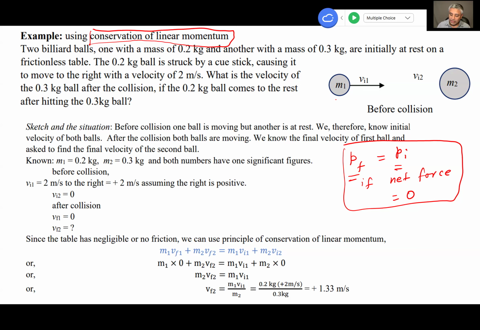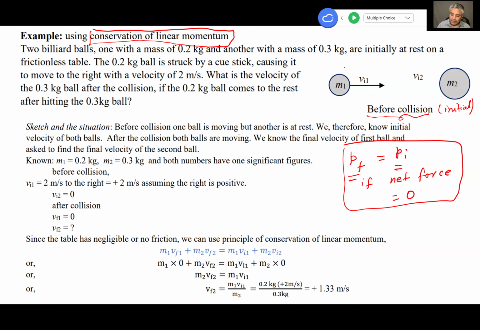So we need to label things accordingly, especially the velocities, right? Here I have written before collision, and that is the initial situation. Anything that happens before collision is the initial situation. In the case of collision, you can use the impulse-momentum theorem if force or time interval are given.